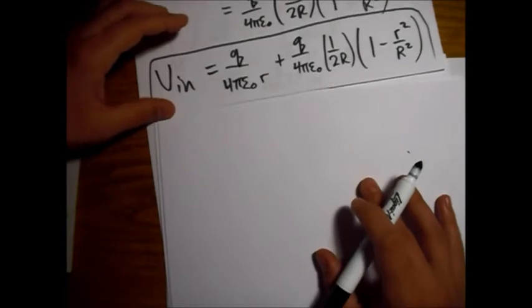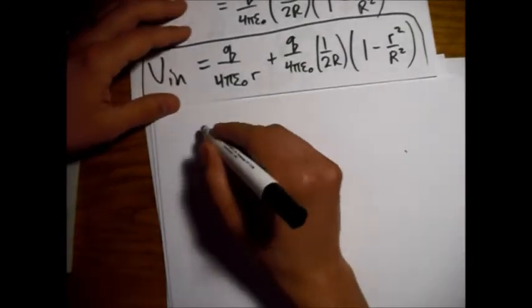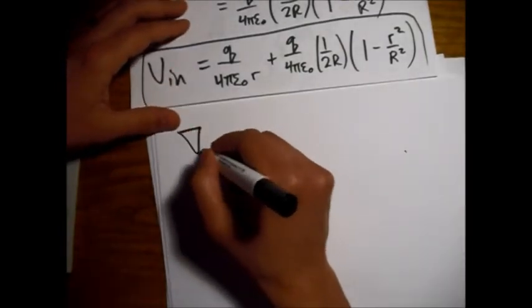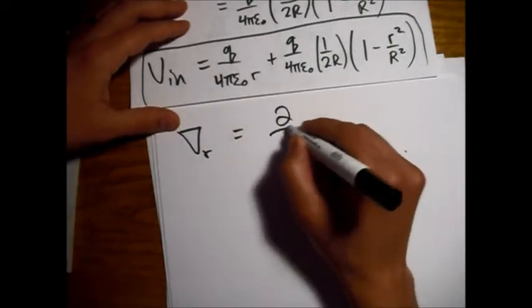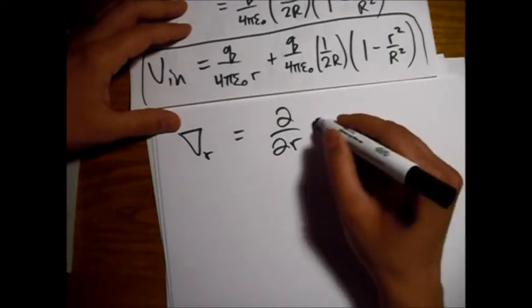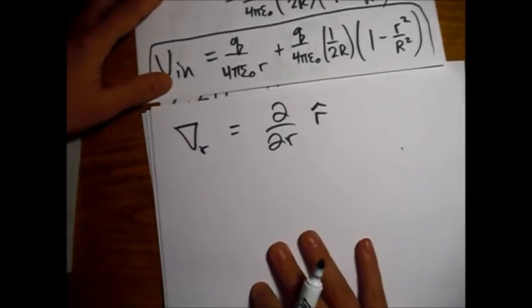Okay, now we'll take the gradient of these. And again, the gradient in spherical coordinates is all messy, but the r component of it is just dV/dr in the r hat direction. Let me double check that in the front of the book, because I want to make sure there's no minus sign or anything. No, we're good. Okay. Just make sure. All right.